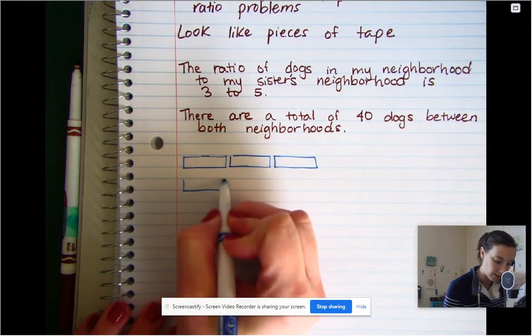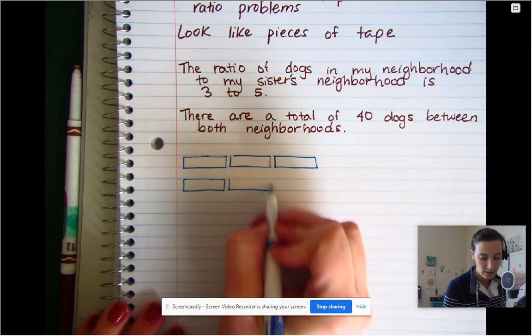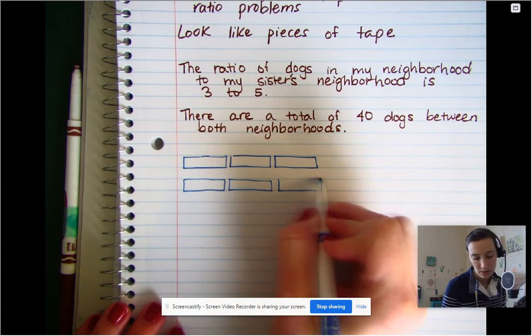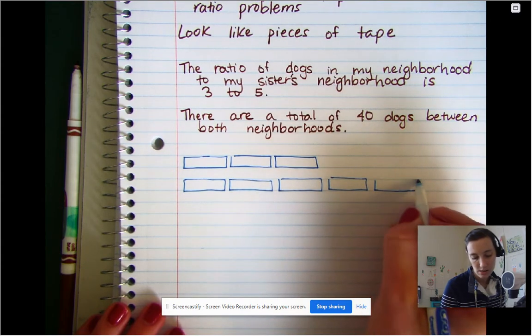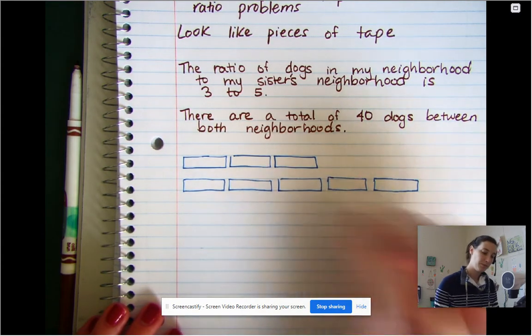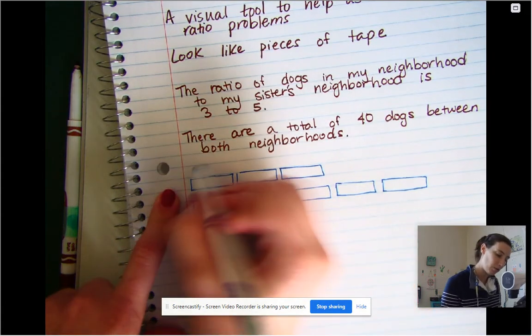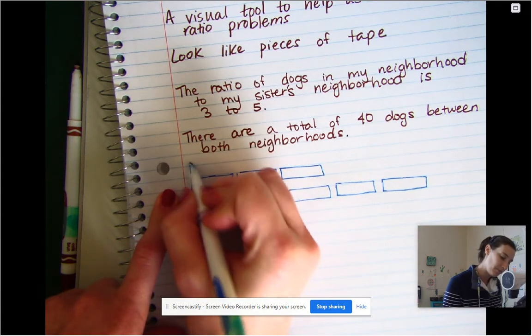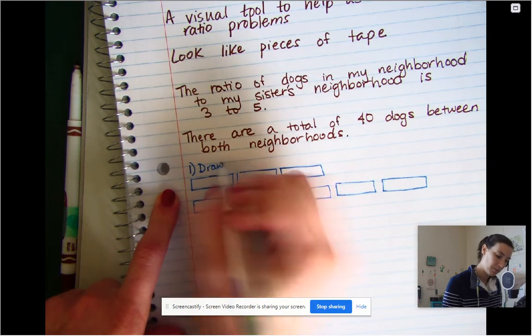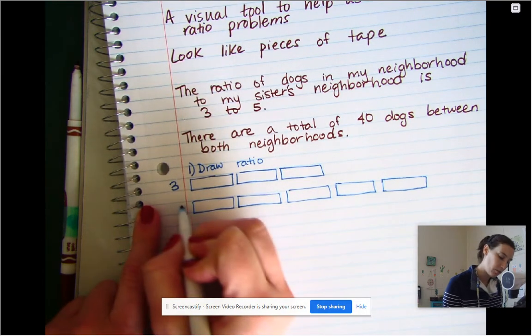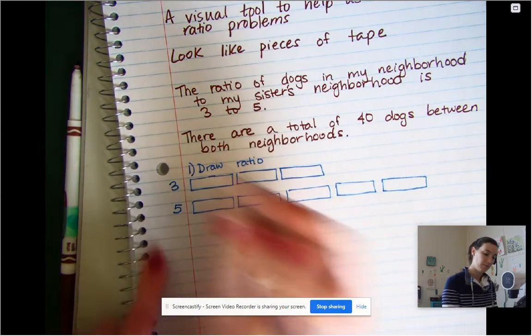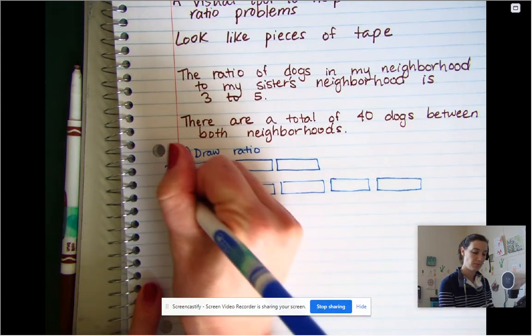It's just to give us a sense of things. So step 1 is to draw the ratio, and the ratio is 3 to 5.